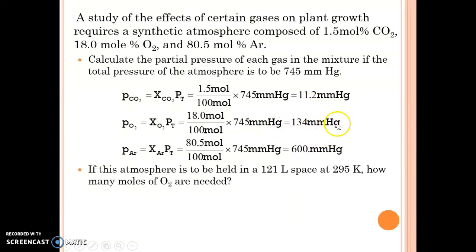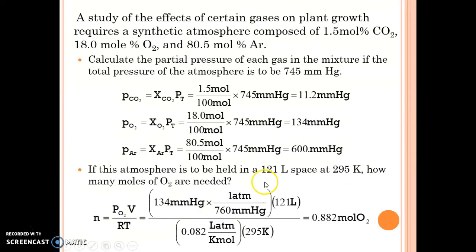So here's my P, I have my V, I have my T. What I don't have is my n. So I can solve for that using the partial pressure. To use R, since it is in atm, I have to convert millimeters of mercury into atm. I have my volume, my temperature, and R. So I wind up with the number of moles of oxygen gas.